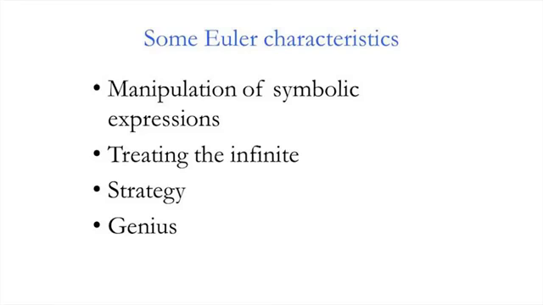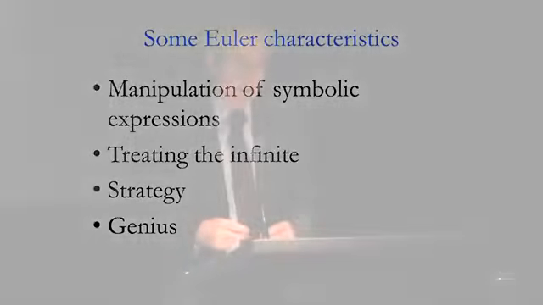But of course, having said all of that, even having identified the three characteristics above, genius still required a remarkable level of ingenuity and insight to develop new mathematical ideas and see their interconnections. And in the words of the great French mathematician Laplace, read Euler, he is the master of us all.